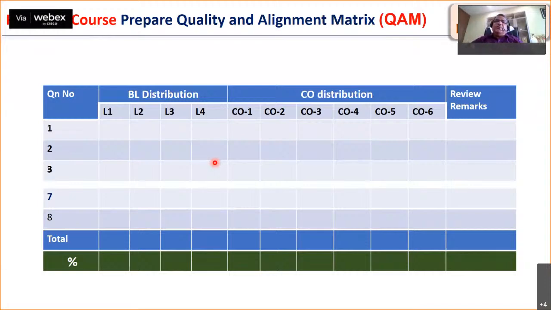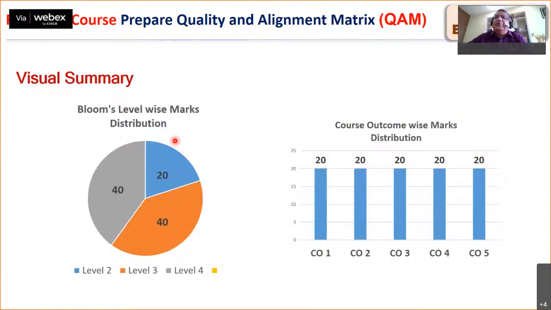What you wanted to show, the alignment and quality, you show in continuous internal evaluation only, and NBA accepts that. Because when you don't have the freedom, the question of you doing question setting doesn't arise. So you prepare a model internal assessment question paper, and there you ensure the alignment of quality as well as COs.